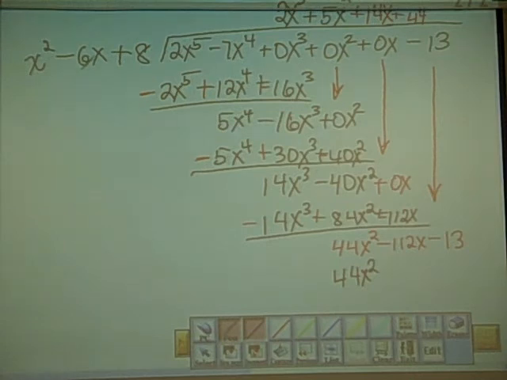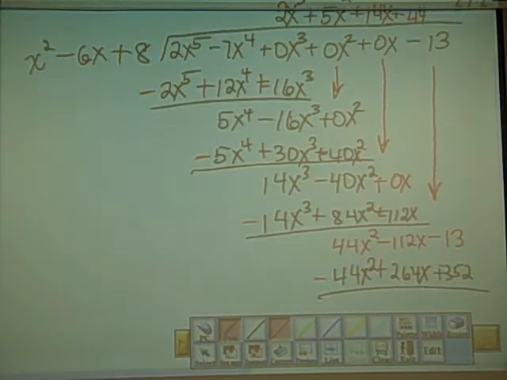And 44 times 6 will be 264, minus 264x. And then 44 times 8, that'll be plus 352. Okay, so we're going to change the signs. That'll make that a plus, and the 352 will be a minus.